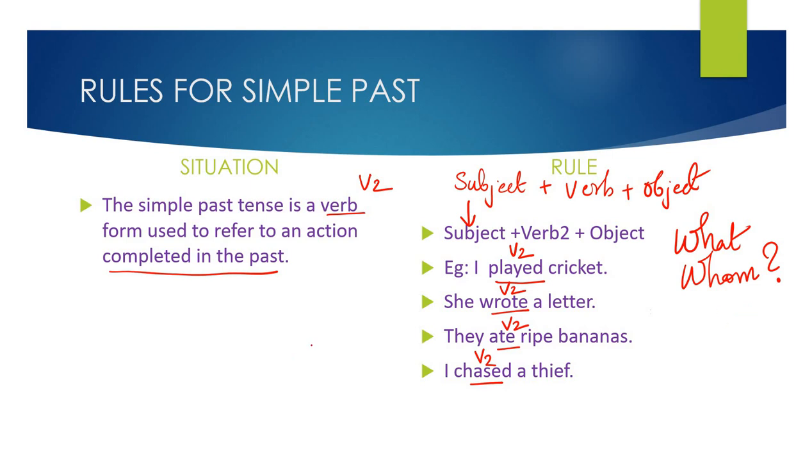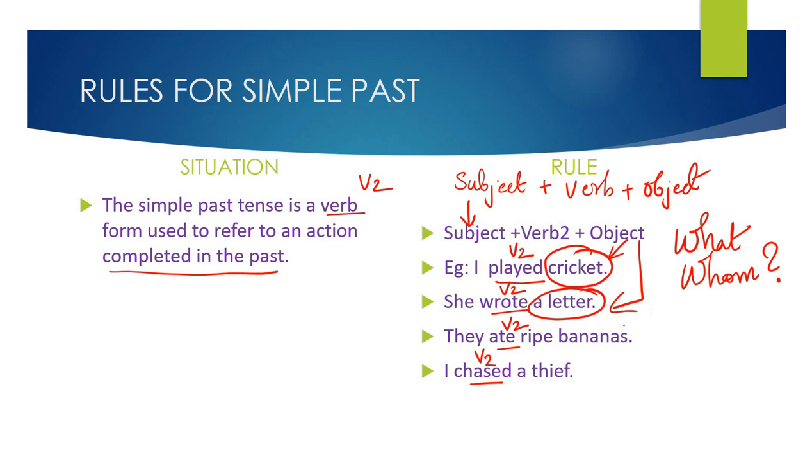I played cricket. What did you play? You ask the question, you get the answer, cricket. That here is the object. She wrote a letter. What did she write? A letter. That here becomes the object. They ate ripe bananas.